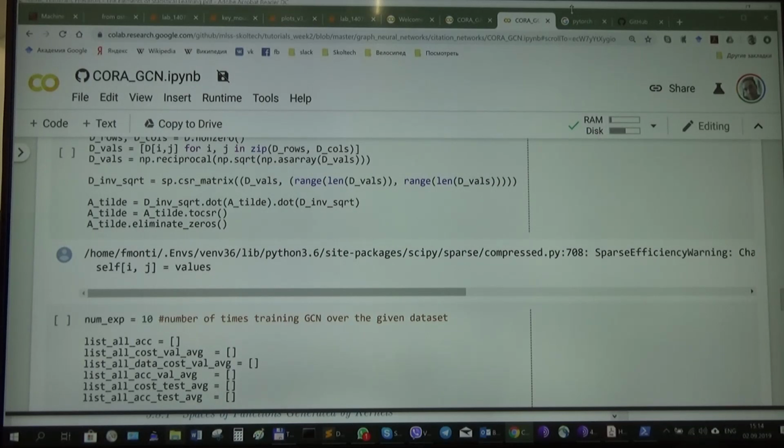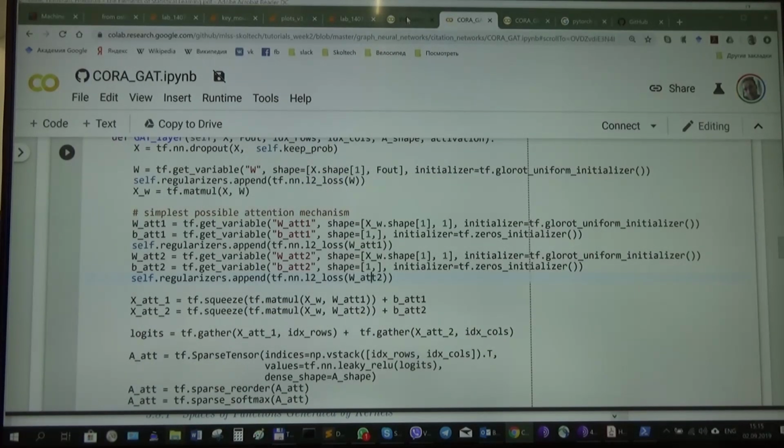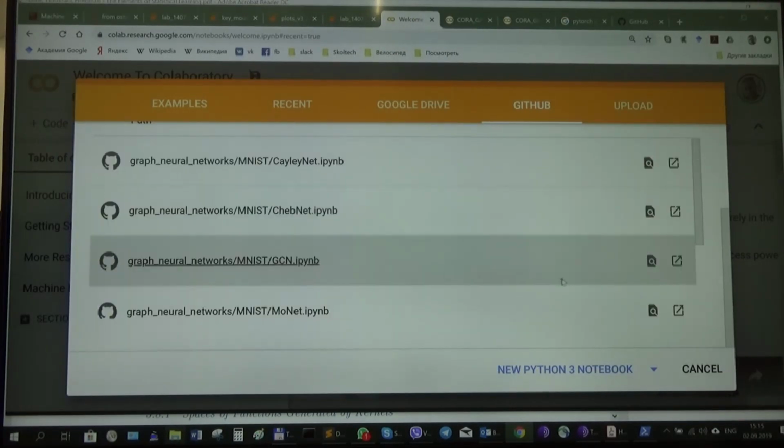You can think of NLP as just chains of words, right? So this is the most simple graph, a sequence. Images are just pixels in a grid, and we can reparameterize the grid to be a graph. One of the notebooks, for example, this GCN, does exactly that.